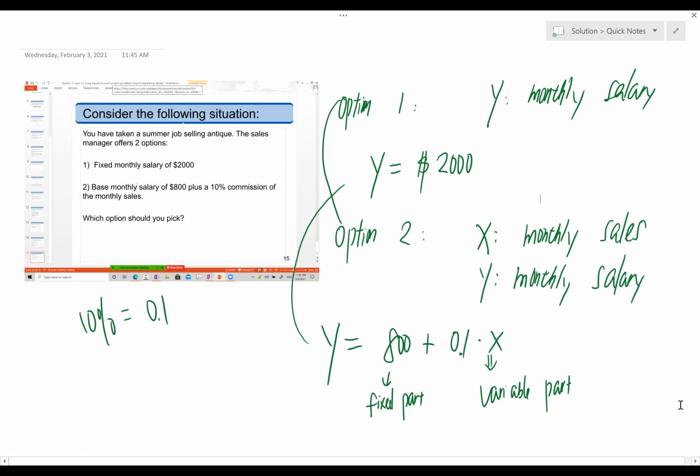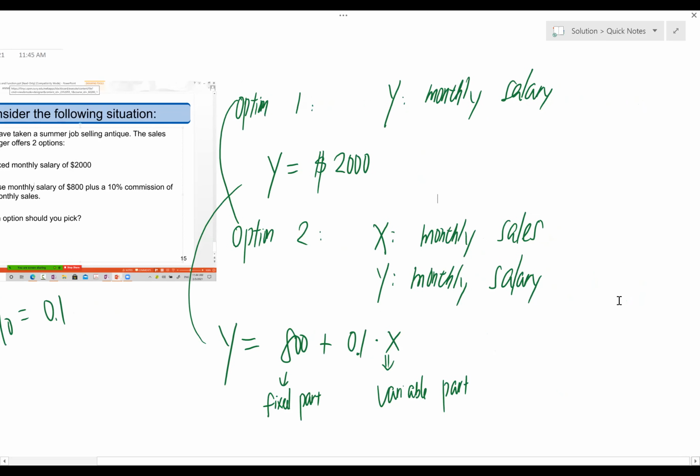Well, you would only know after the month ends, because then you know how much you sold. That's right. Hypothetically speaking, let's say you haven't started a job, but you want to consider the trade-off: which option is better, and what monthly sales you have to generate in order to match the fixed salary provided by option number 1.